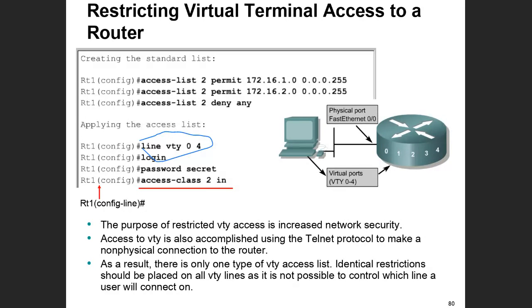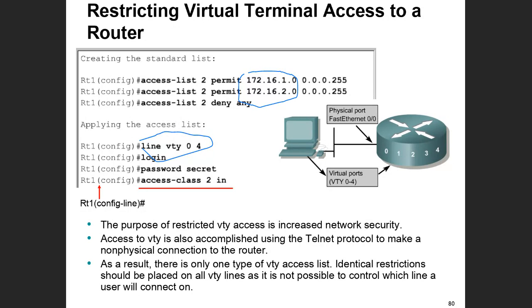So an alternate method of protecting this is to create a standard access control list. Let's say our IT guys are all 172.16.1.something or 2.something, so we're going to allow those addresses. Any other network in the company, like 172.16.3, 4, 5, some other third octet, will not be permitted. They'll be denied.